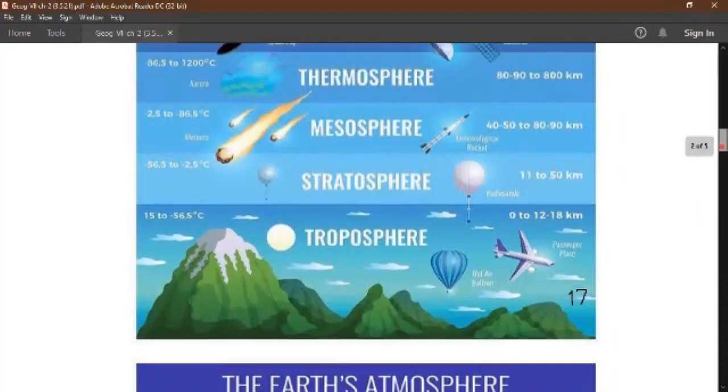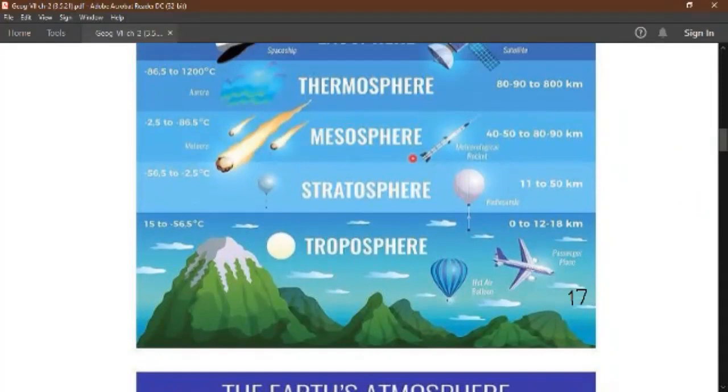The third layer is Mesosphere. Mesosphere extends between 50 to 80 kilometers. Temperature here again decreases with increasing height. Even it becomes minus 80 degrees Celsius at its upper limit.